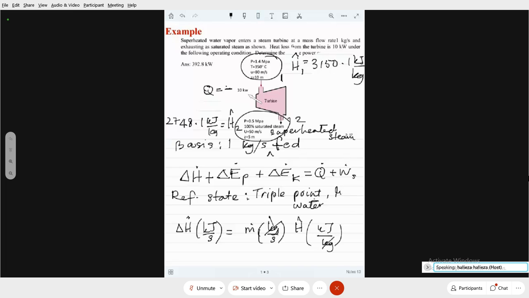It should be delta H dot is equal to the summation of outlet, or final, m dot flow rate times specific enthalpy, minus the summation of inlet m dot flow rate times specific enthalpy. So that's your equation for the rate of enthalpy change. Now let's go to the next page.